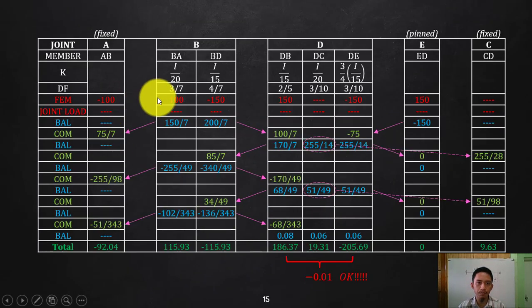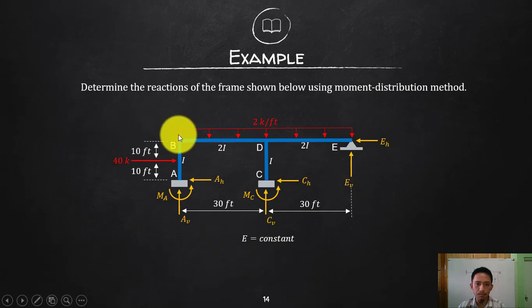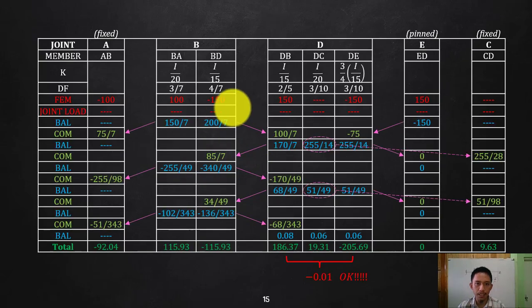Negative at AB and positive at BA. Then the fixed end moment here at BD, WL squared over 8. So that is again negative at B, positive at D. Negative 150, this is WL squared over 8 again, you can check that one. Negative at B, positive at D.